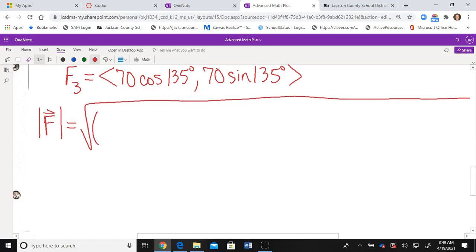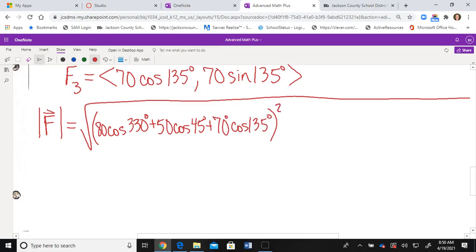All right, so we're going to have force 1 was 80 cosine of 330 plus 50 cosine of 45 degrees plus 70 cosine of 135 degrees squared, plus the y parts.